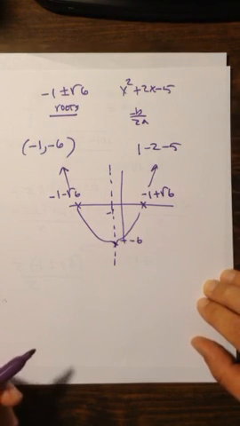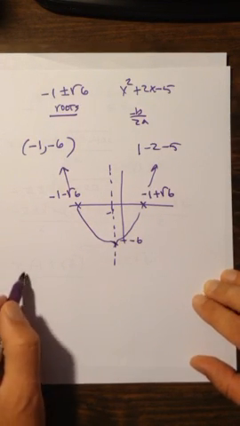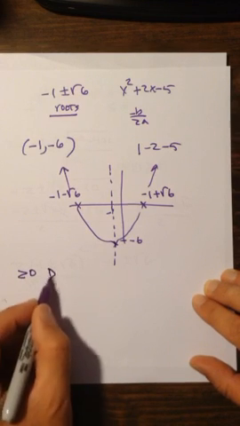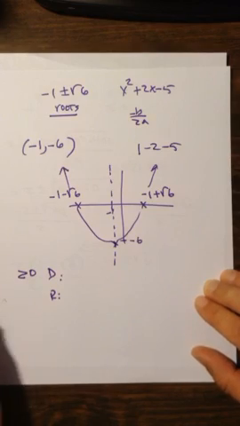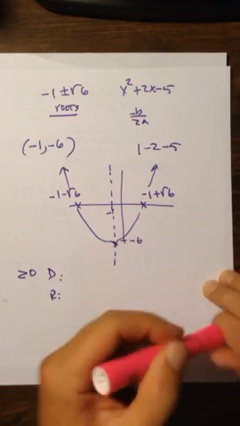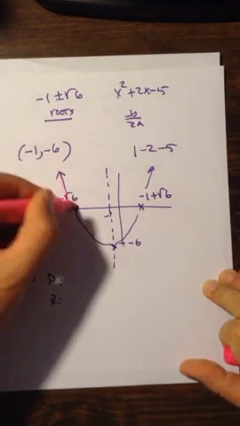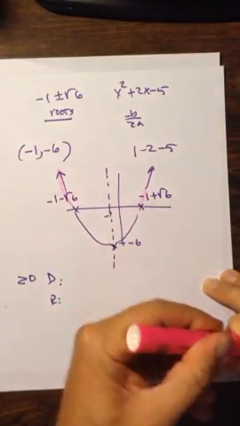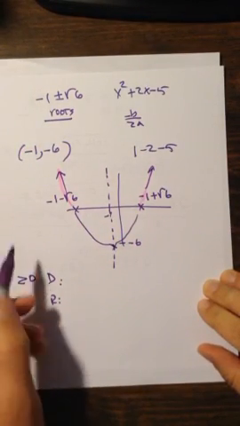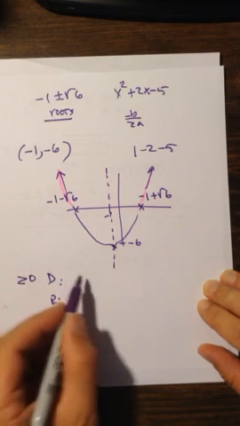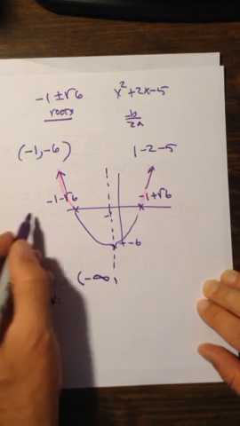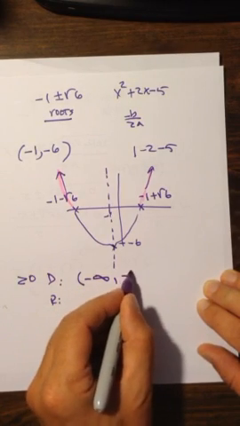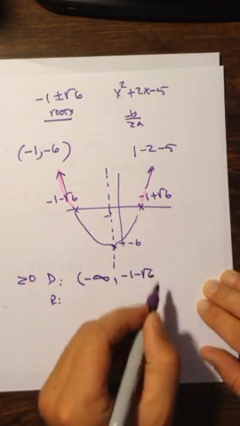Now I want the domain and range wherever that function was greater than or equal to 0, in interval notation. I'll do it in pink. The domain comes from negative infinity, open parenthesis, and goes all the way to negative 1 minus root 6.